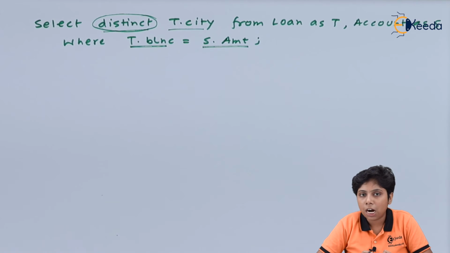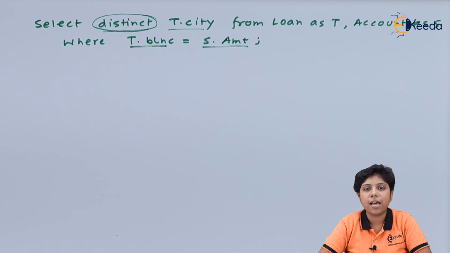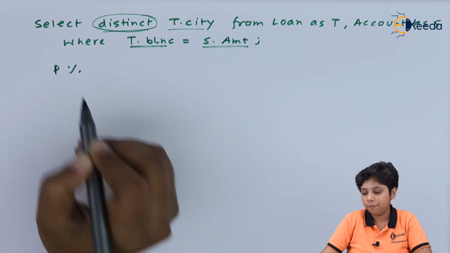As we know that star denotes all, here in string operations we will use the percentage sign to match any number of characters. Say suppose we want to match that after the first character P, there can be any number of characters. So we can write it like P percent.